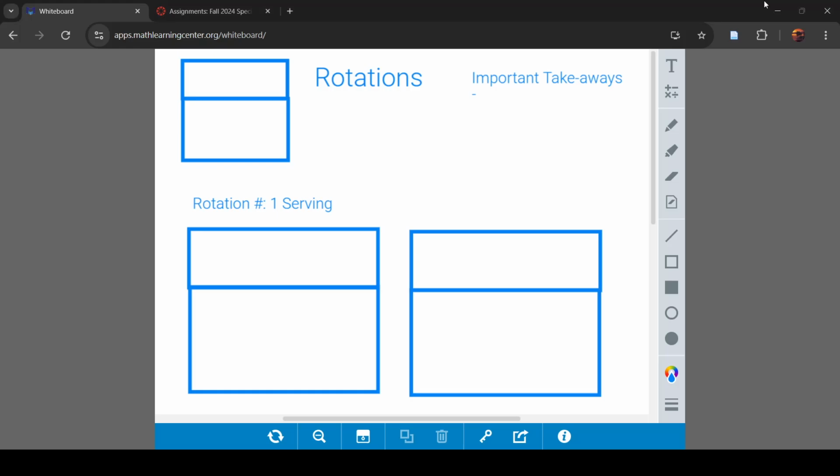Okay, so this video is going to serve as a reference for rotations because we've been over it enough times in practice that at this point we don't want to spend more time in practice going over what each rotation is.